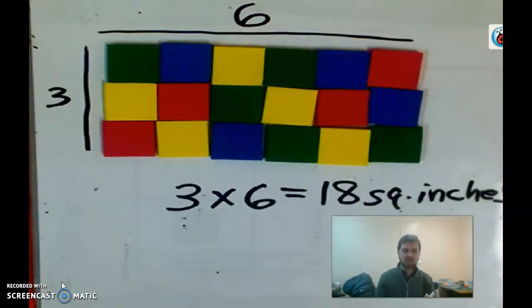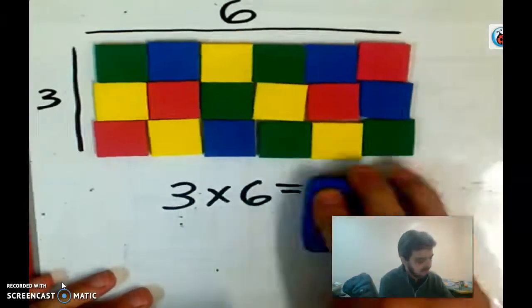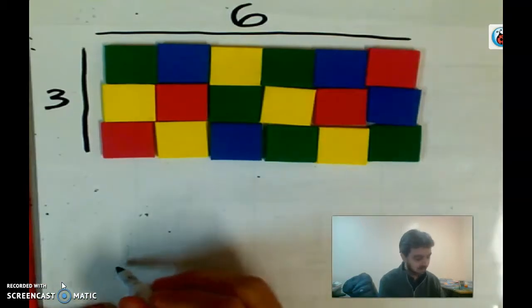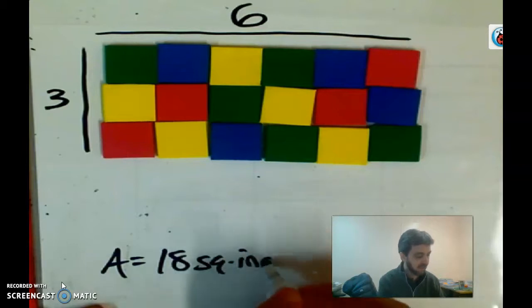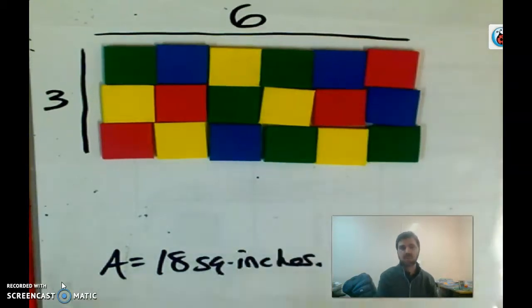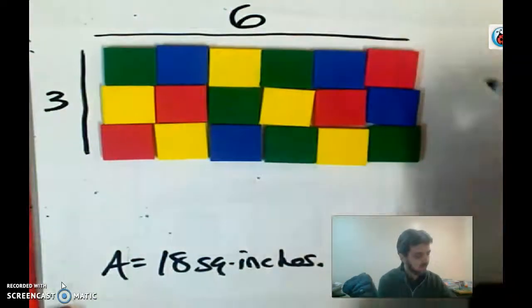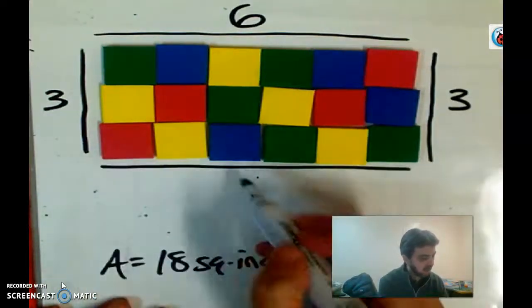Okay, so what would be the perimeter, the distance around the outside? We know that the area equals 18 square inches. What would be the perimeter? Anybody have a guess? Let's take a look. So if this is 3 and this is 6, then this must also be 3 and this must also be 6.